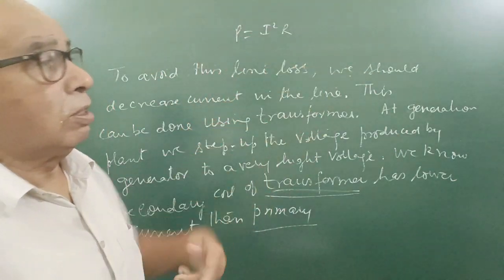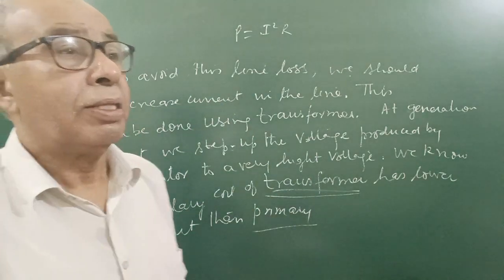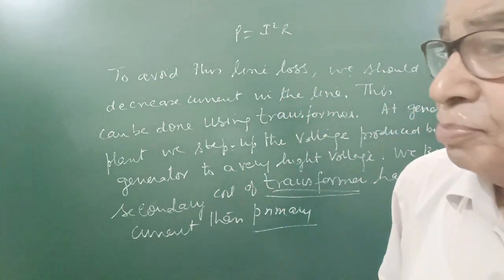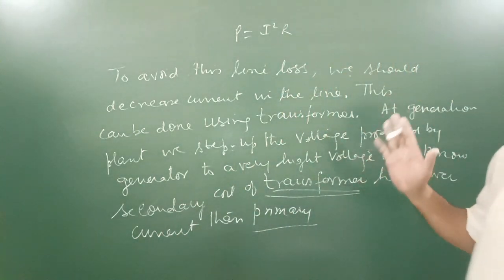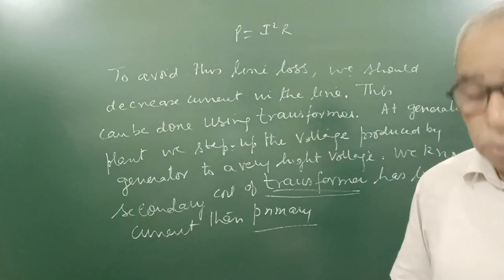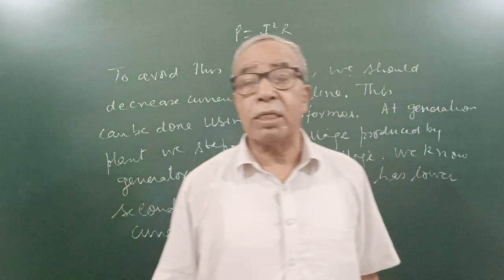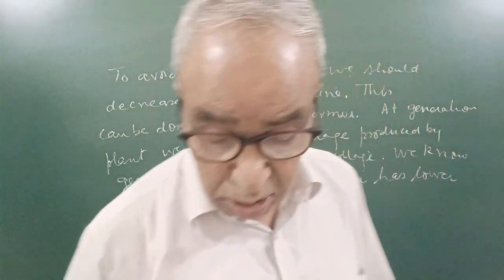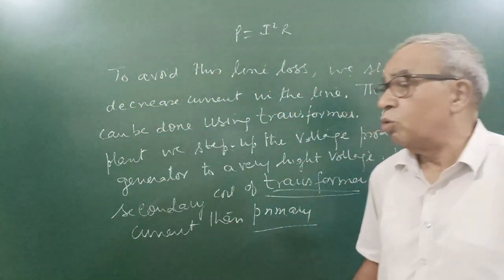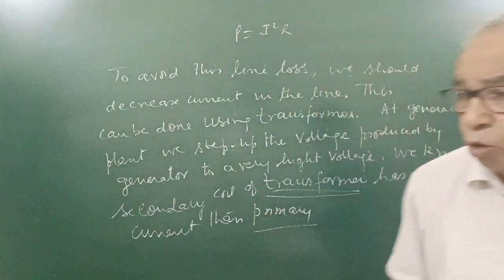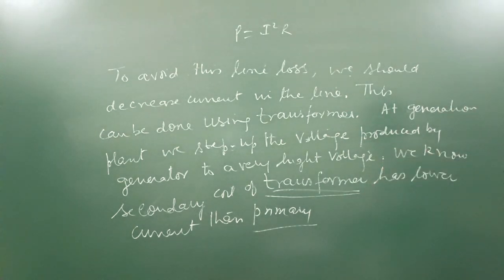The powerhouse steps down that voltage to 11,000 volt only, and then transmits it to the colonies where we have another transformer which steps 11,000 volt to 220 volt. That way, by using step-up transformer and step-down transformer, we can save great line loss.